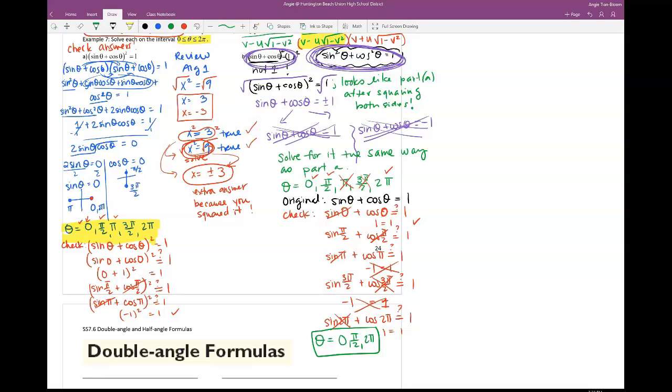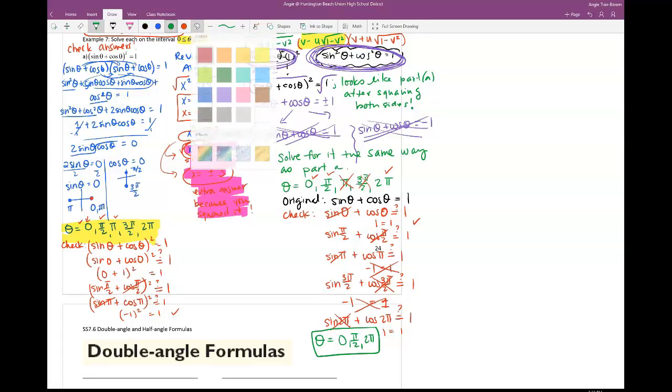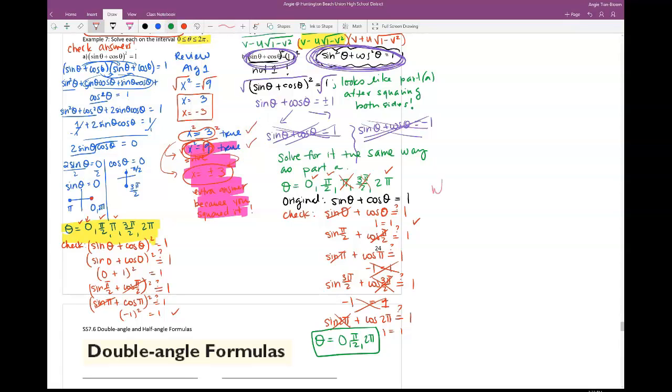But in part B, we had to square both sides so we can manipulate the identities to solve. So when you square both sides, let's go back to this thing right here, right? When you square both sides, what's going on? You have extra answers. So the rule of thumb is when you square both sides, you should always check your solutions, okay?